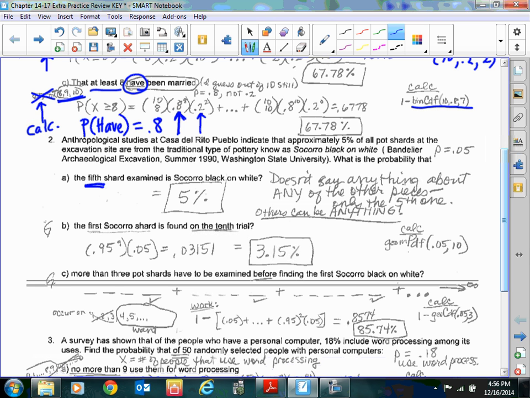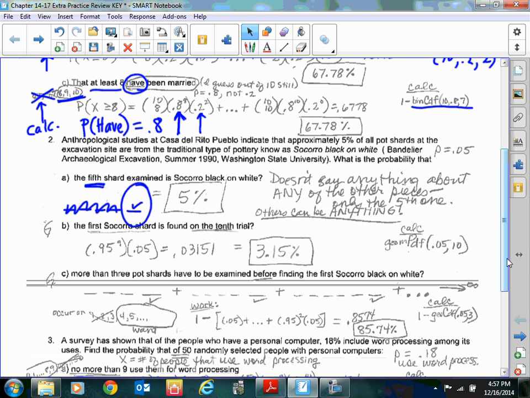It does not say that the first 4 are not and then the 5th one is. It just says purely information about the 5th one. And since all you want to know is about the 5th one, it's that 5% chance that it's black on white.